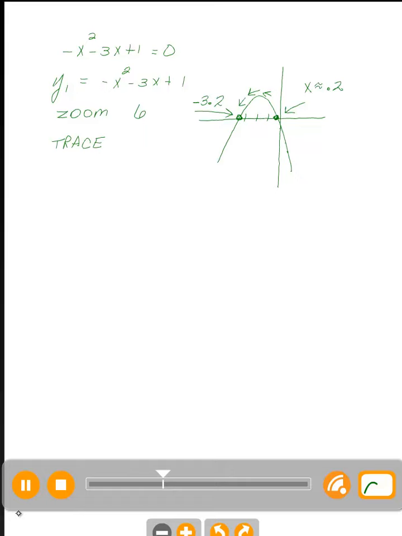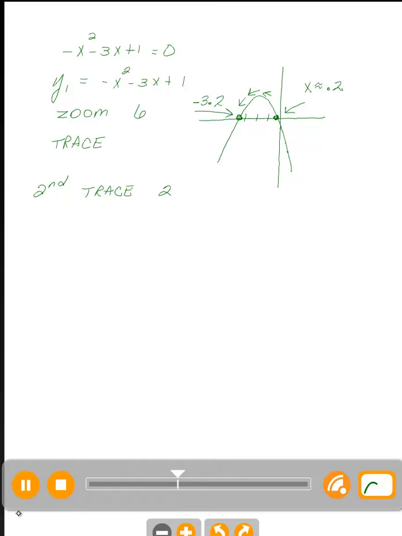All right, now I want more exact answers for these two intercepts, so I'm going to use the calculate menu, which is second trace. Press second trace, and you will see that option 2 says zero. So press 2. It's going to ask you 3 questions.